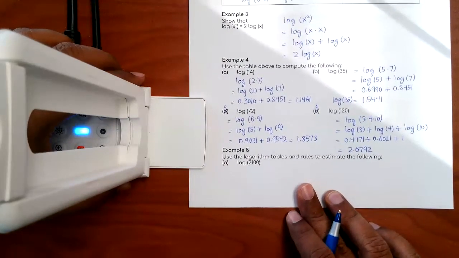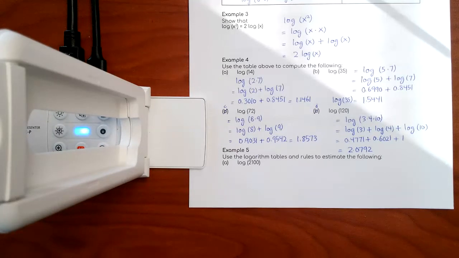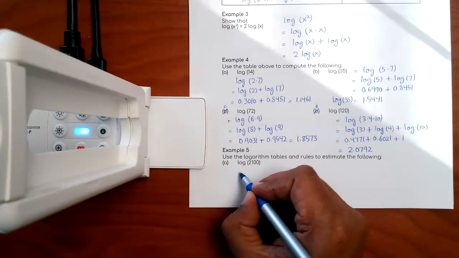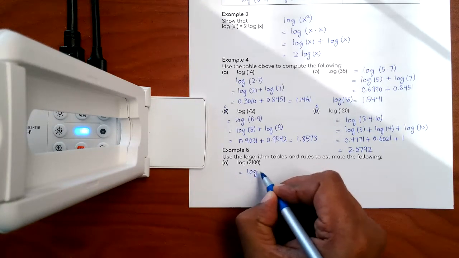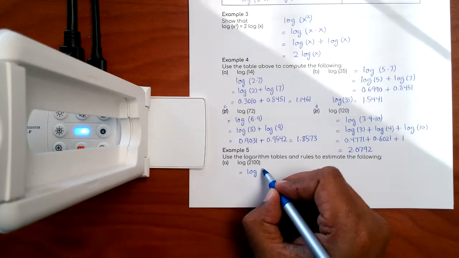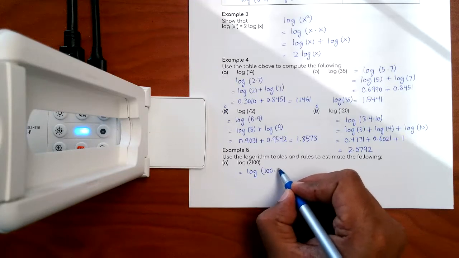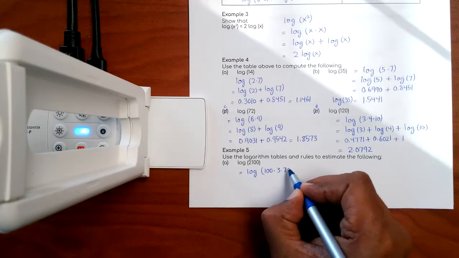Now let's go to the next problem, which says use the logarithm tables and rules to estimate the following. Log of 2100. So now, again, no big deal. I will change log of 2100 into log of 100 times 21. 21, I can write 3 times 7.